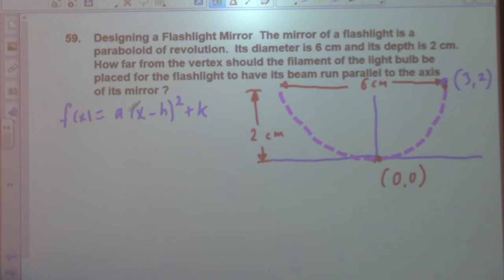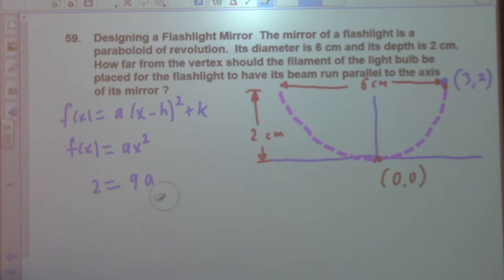We know that h is 0 and k is 0, so we're just going to have f of x equals a x squared. What do we put in here for this equation? Can't you use 3, 2? Yeah, 3, 2. So 2 equals a times 3 squared.